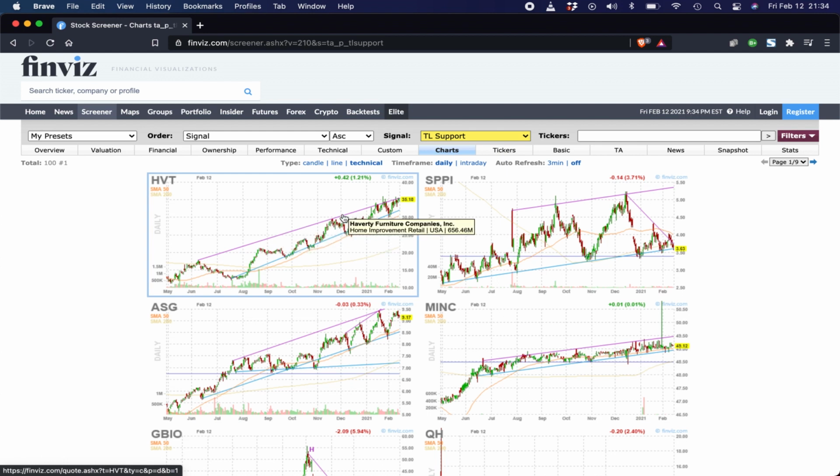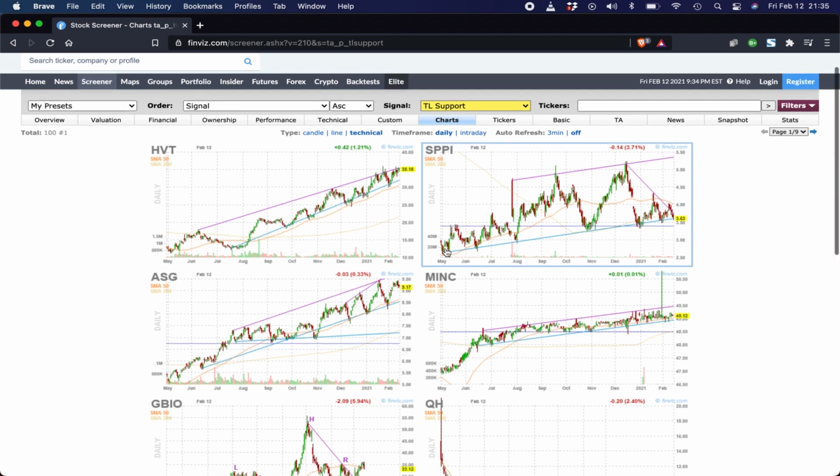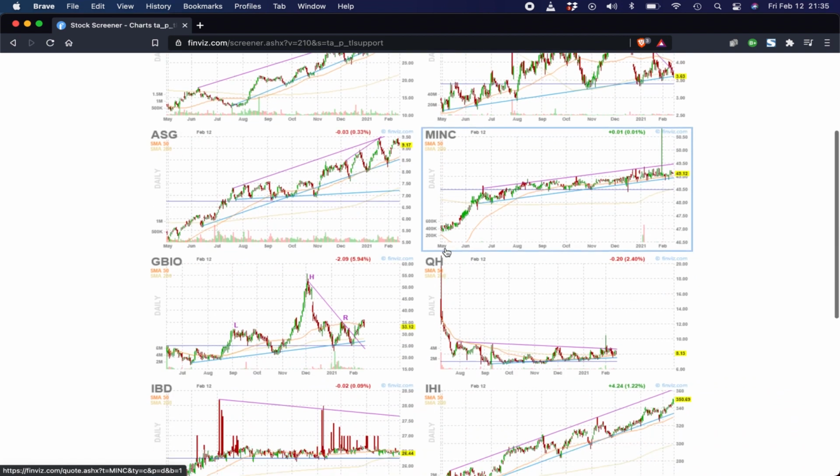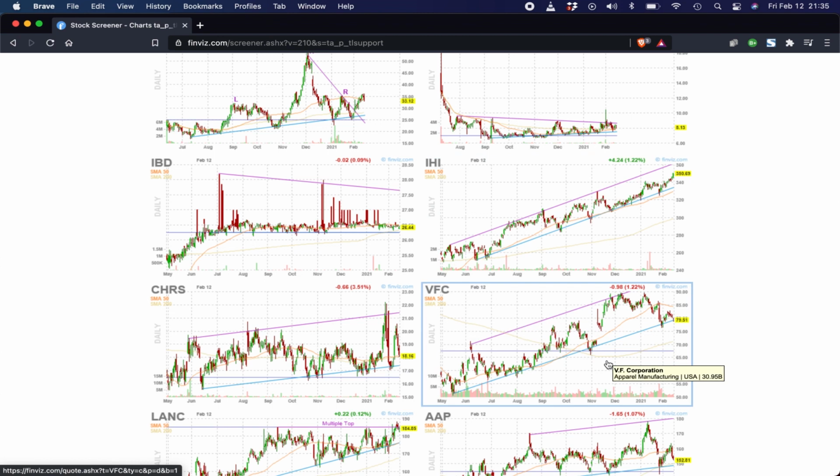As you can see, it's pulling a list of all the stocks that are near their trend line support. Now sometimes again, this scan might be slightly off, but once you look at the chart, you will know where the stock is. So let me go through VFC, for example.